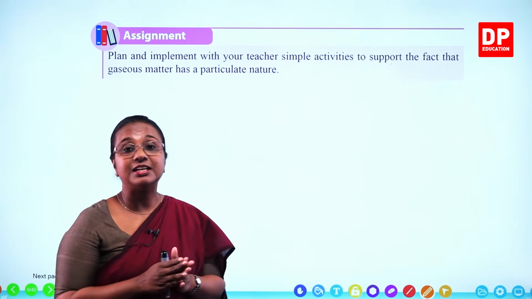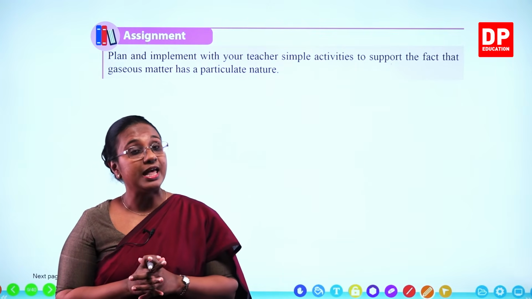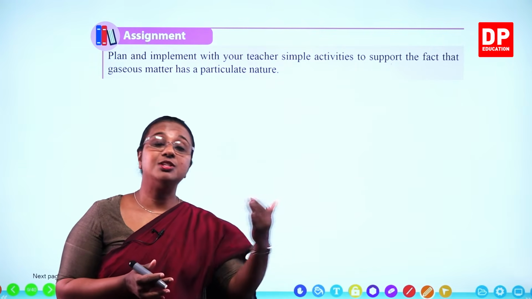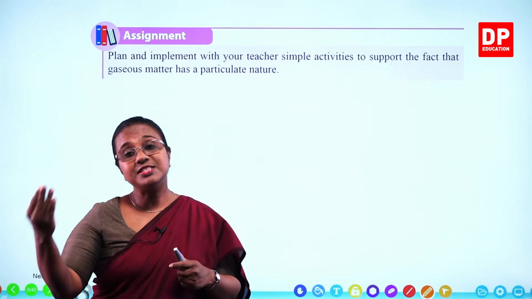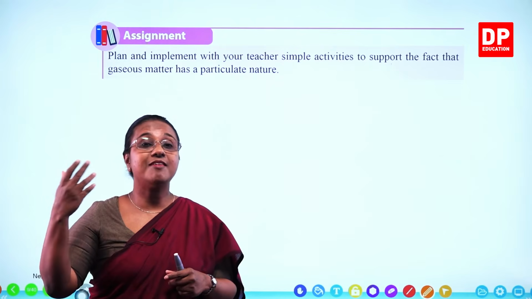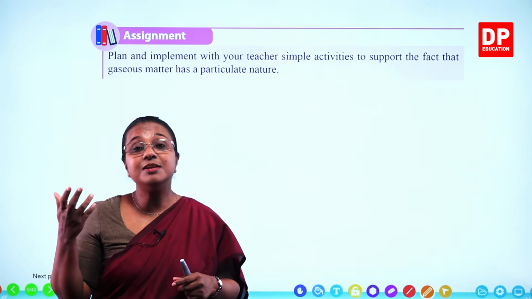Similar to the activity we discussed before, you can plan and show that the colored gases spread throughout air. In the same way, in some countries they have a festival of colors, where they use colored powder.